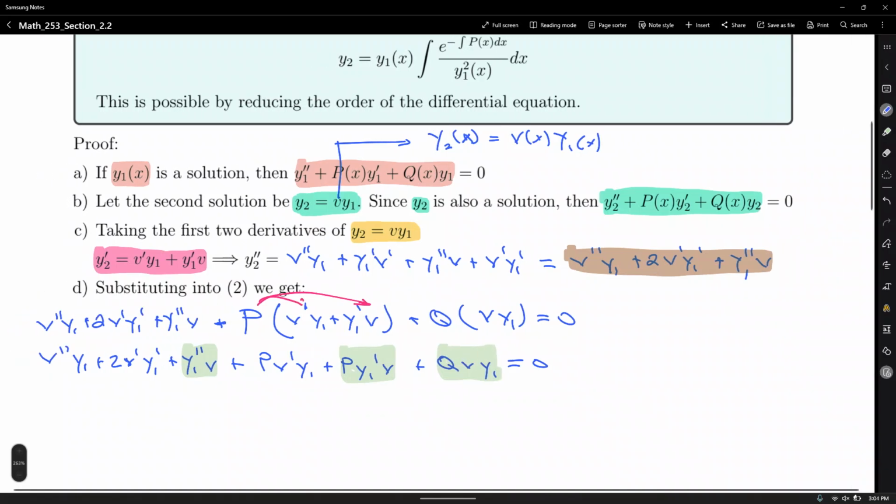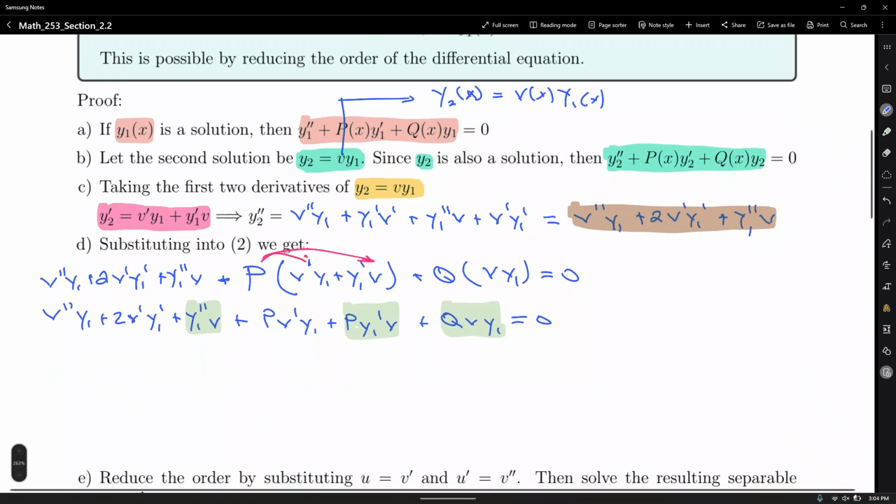I'm going to put these three terms together, and at the same time factor v out of them. So that's going to give us v times y sub 1 double prime plus p y sub 1 prime plus q times y sub 1.